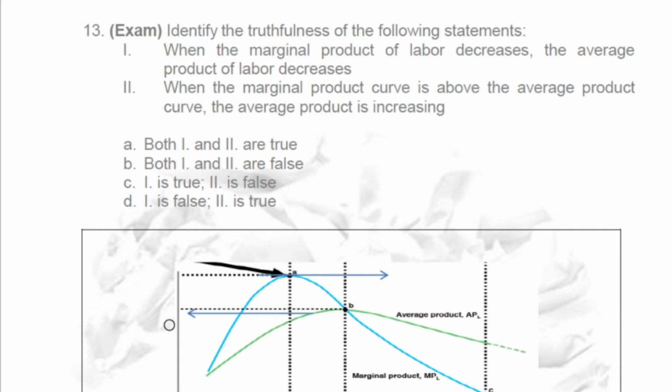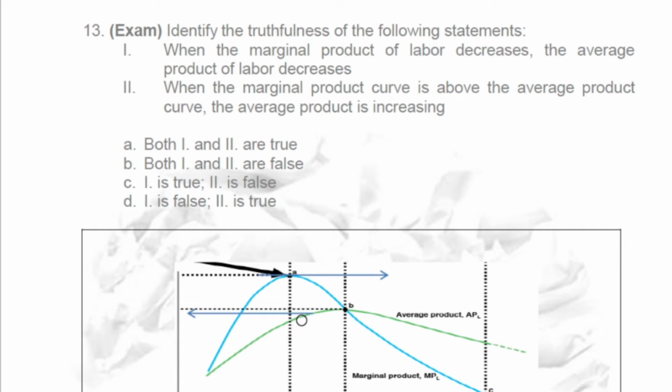So we do this graph and think about these statements. When the marginal product of labor decreases from point A to the right, the average product of labor decreases. No, this is false, because you can see here that the average product of labor still increases.